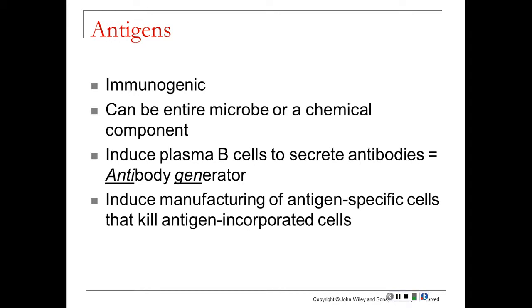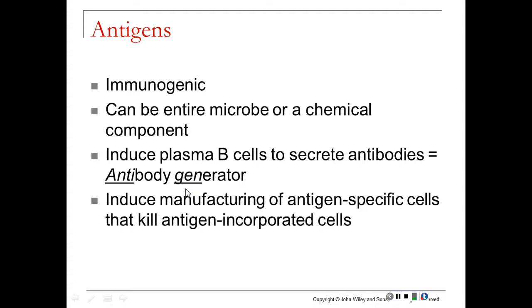Let's talk about those antigens more specifically. They are immunogenic, which again means they are going to produce an immune response. They can be the entire microbe or just a chemical component on the cell membrane. They induce those plasma B cells to secrete antibodies. The word antigen actually stems from antibody generator, antigen.